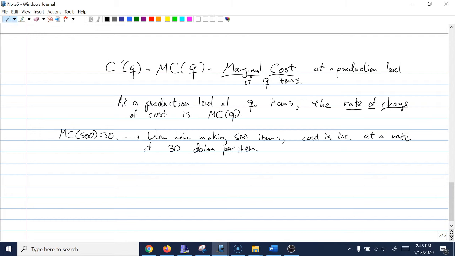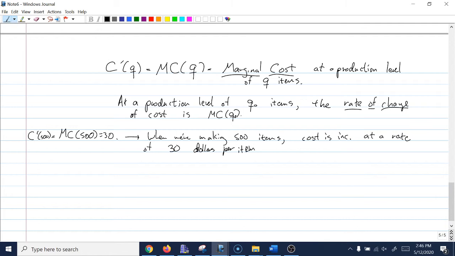Remember, the units on a derivative, and this is a derivative, C prime of 500, are y units per x unit. C is cost, measured in dollars. Q is production, measured in items. It might be measured in thousands of items in some situations, but mostly we're just going to measure things in items. So our cost is increasing at a rate of $30 per item.